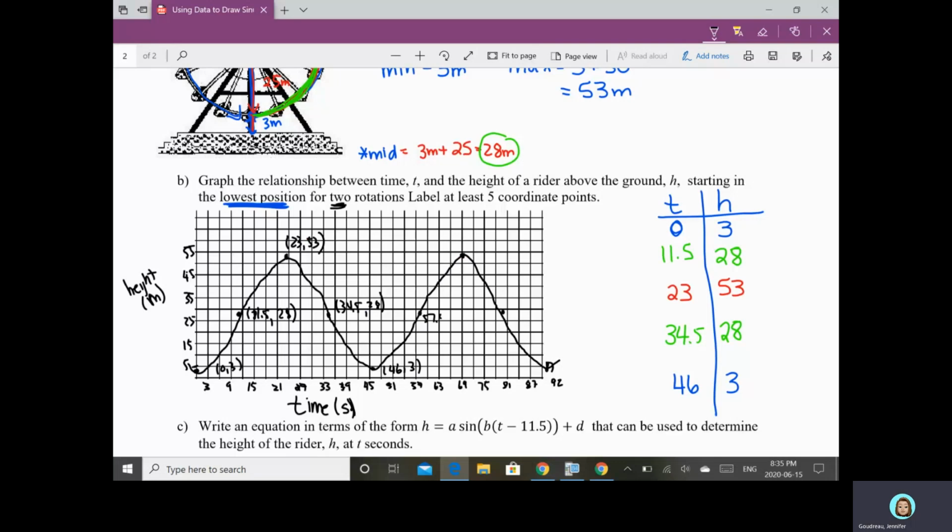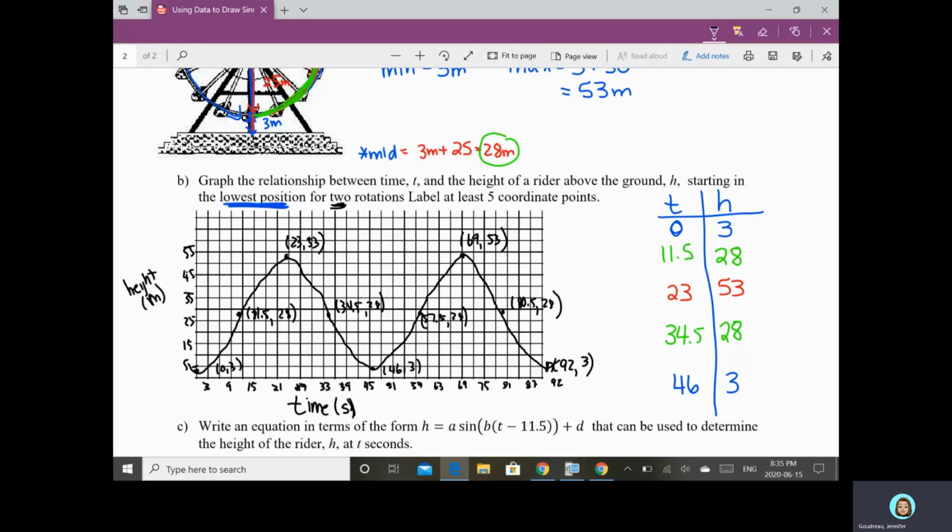This was 57.5 and 28 at that midline. This was at 69 and 53. And then this was at 80.5 and 28. And then down minimum at 92 and 3. So those are all the points that we created.